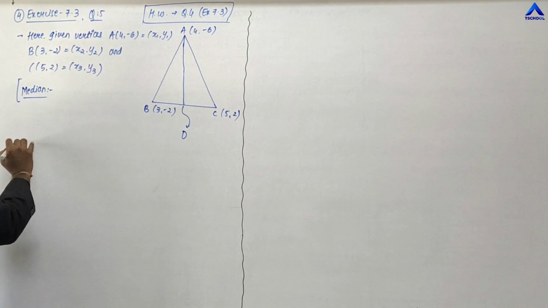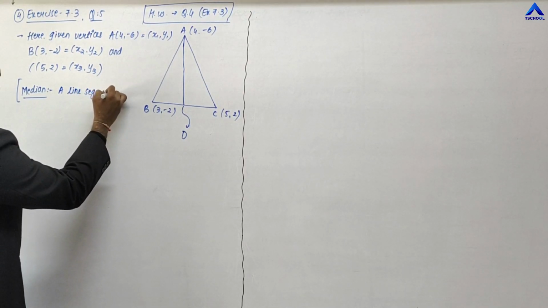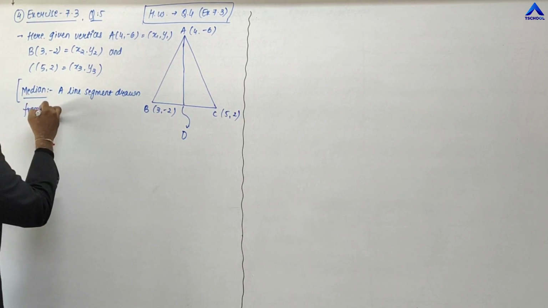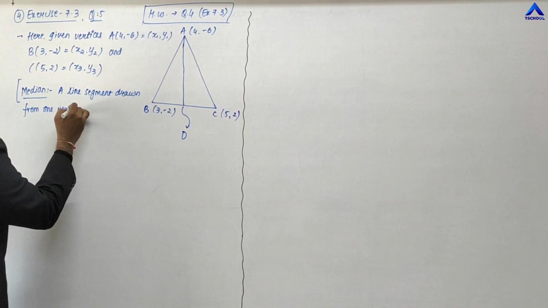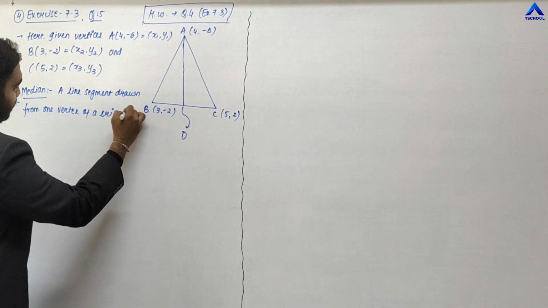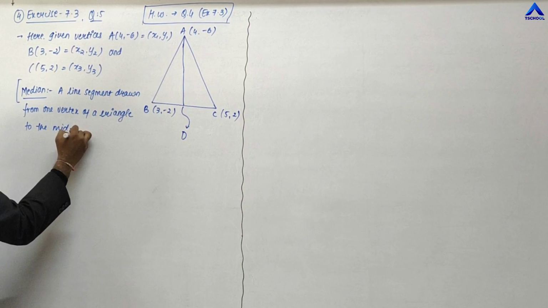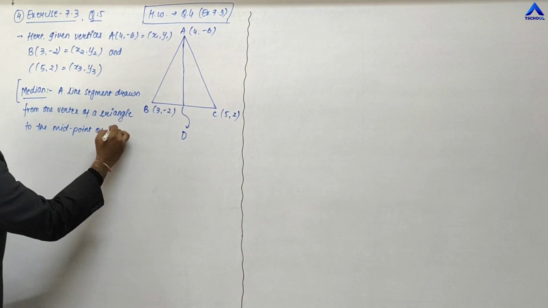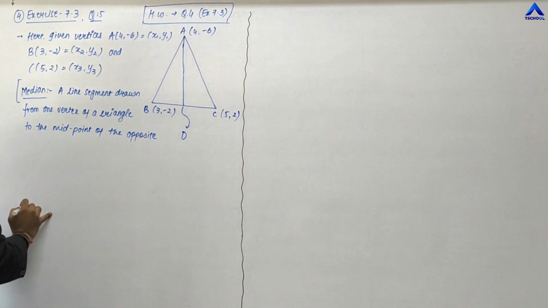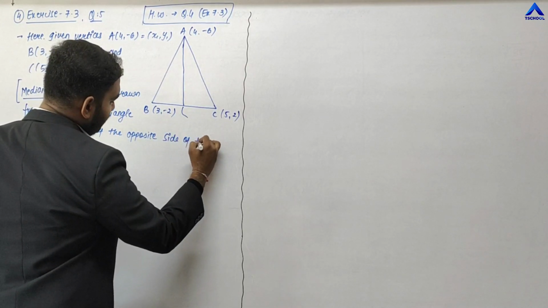What is a median? A line segment drawn from one vertex of a triangle to the midpoint of the opposite side of the triangle.